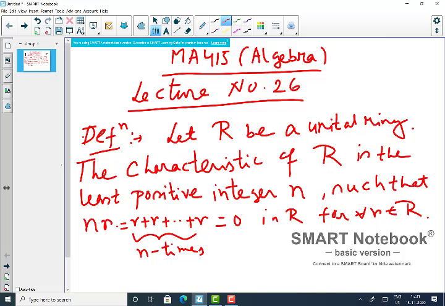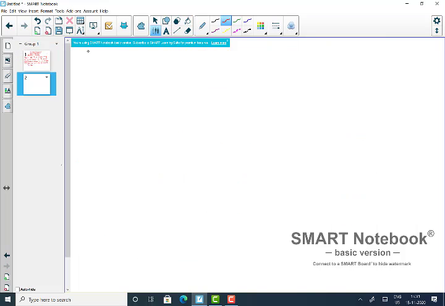One thing you should note down: you may ask what happens if there does not exist such n, and then how do you define it? I will give an example also.